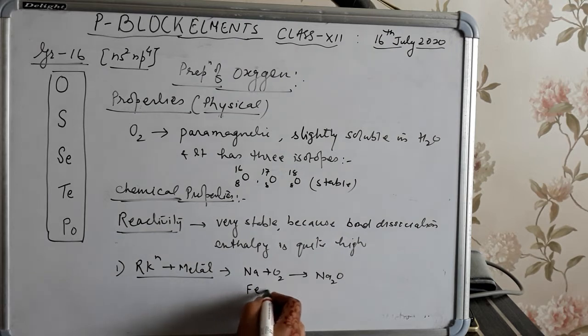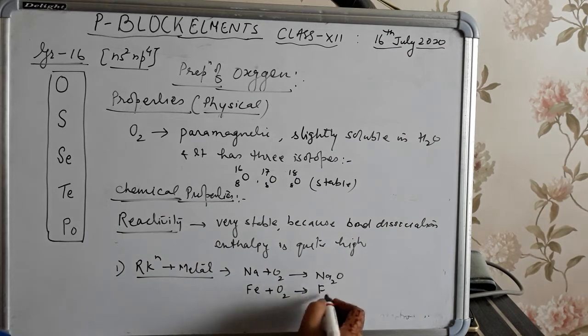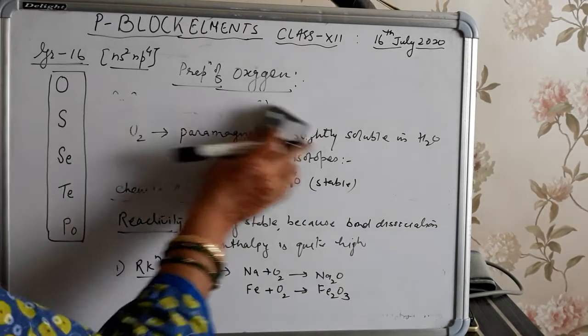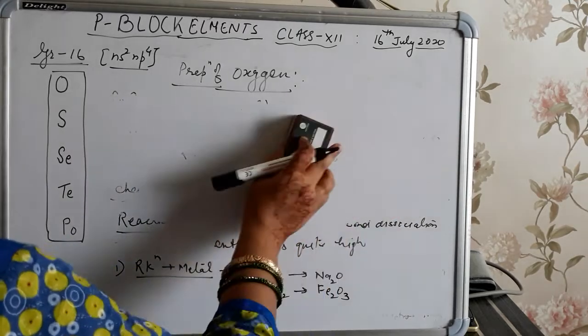Suppose iron is treated with oxygen, it will form ferric oxide. So you can balance it, students, in your notebook copy.